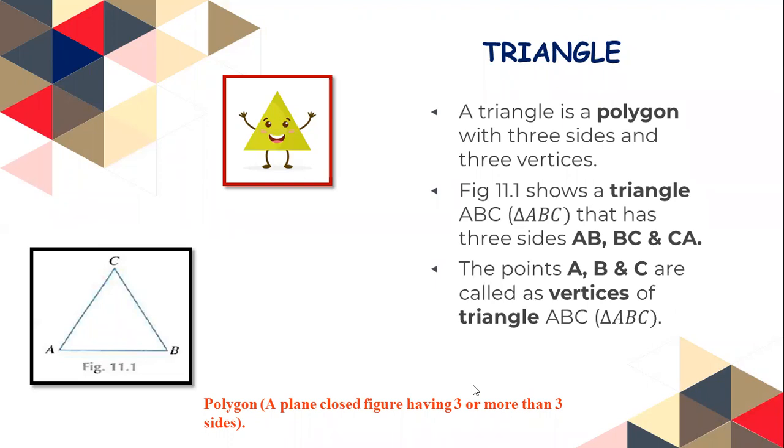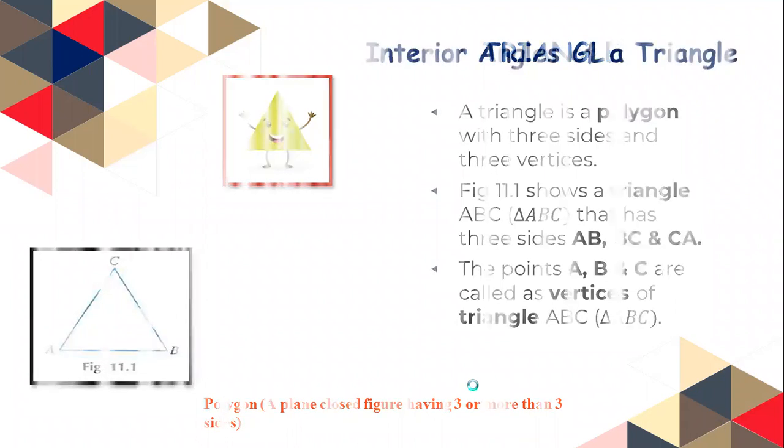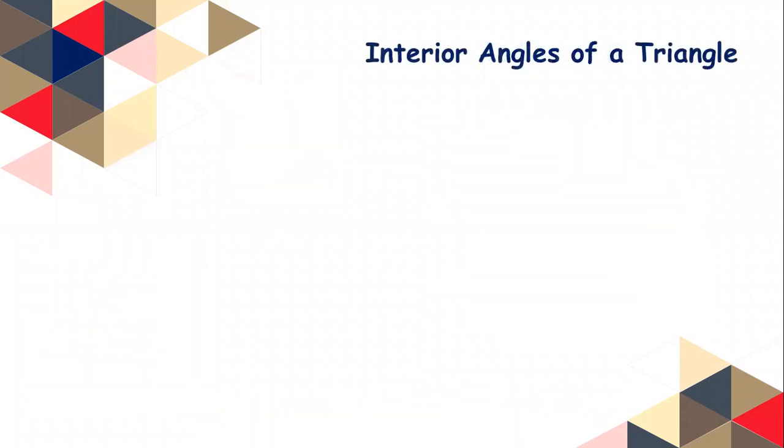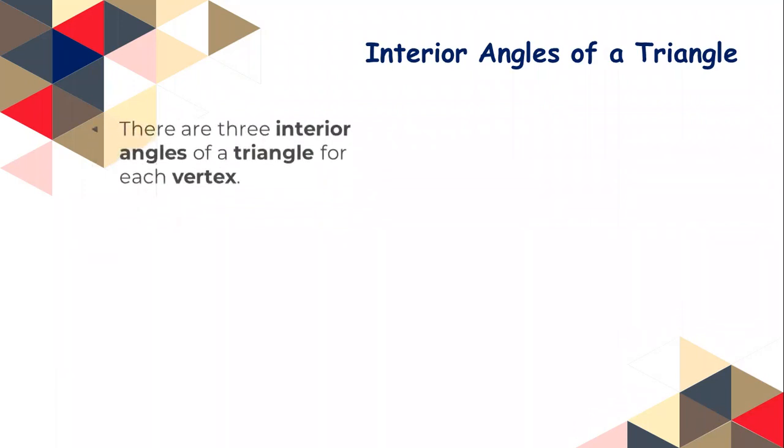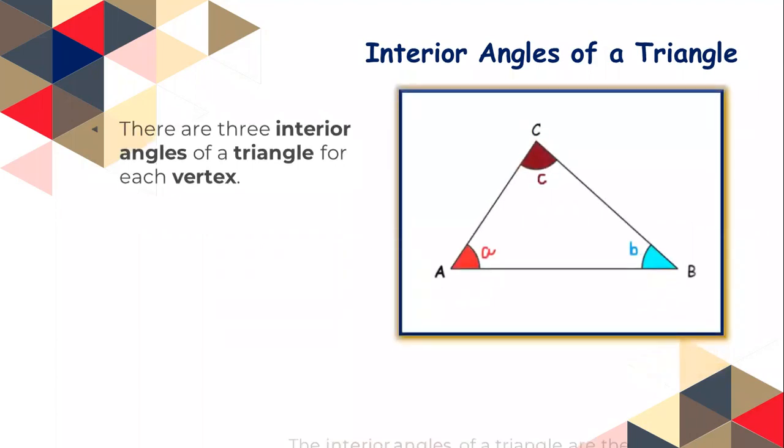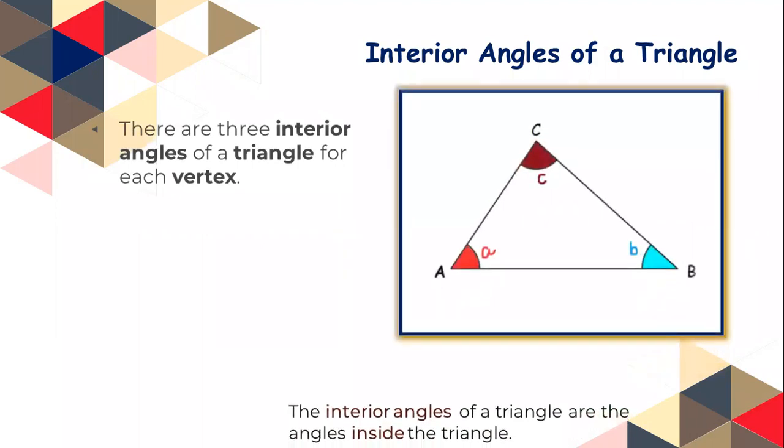So let's move forward. Here are the interior angles of a triangle. If you see, a triangle has 3 sides and 3 vertices, so definitely it has 3 interior angles. Let's see first what interior angles are. Interior angles of anything means the angles inside that figure. So the interior angles of a triangle are the angles inside the figure.